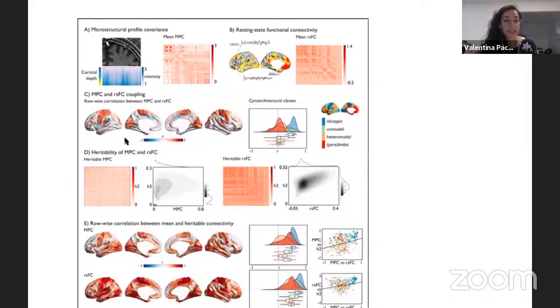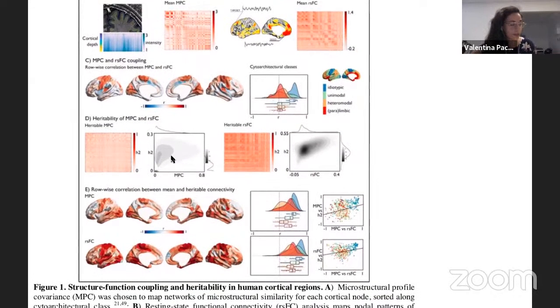Then they observed the coupling between the structure matrices and resting state matrices via correlation. And they have seen that we have the highest correlation for unimodal systems, while we have weaker correlation for transmodal systems. Here are the cytoarchitectural classes of the system. It goes from idiotypic to unimodal, heteromodal, and paralimbic.